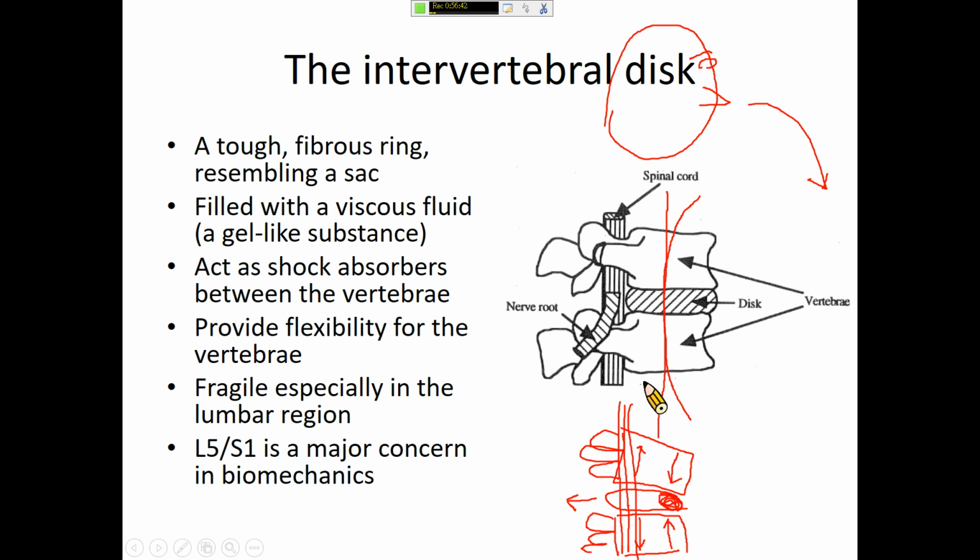Okay? And there's a special term in medicine: herniation. Herniation refers to a case that the disc actually displaced and then hitting the spine, the spinal cord.